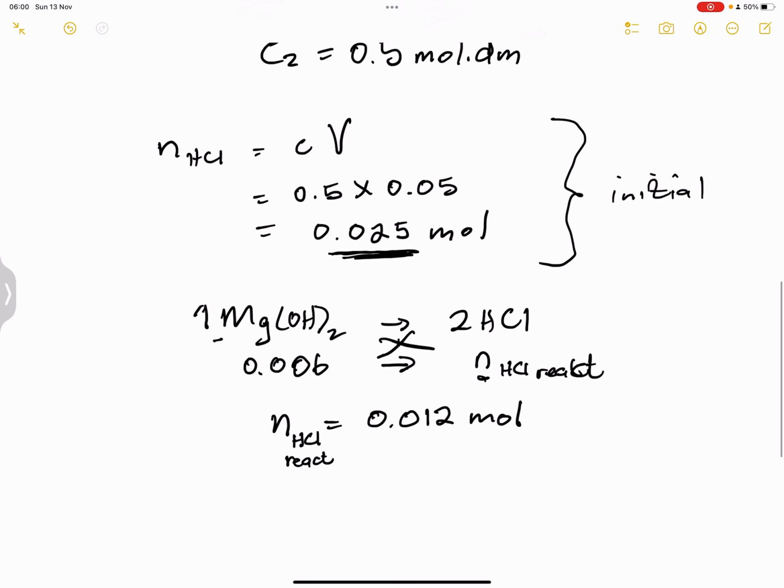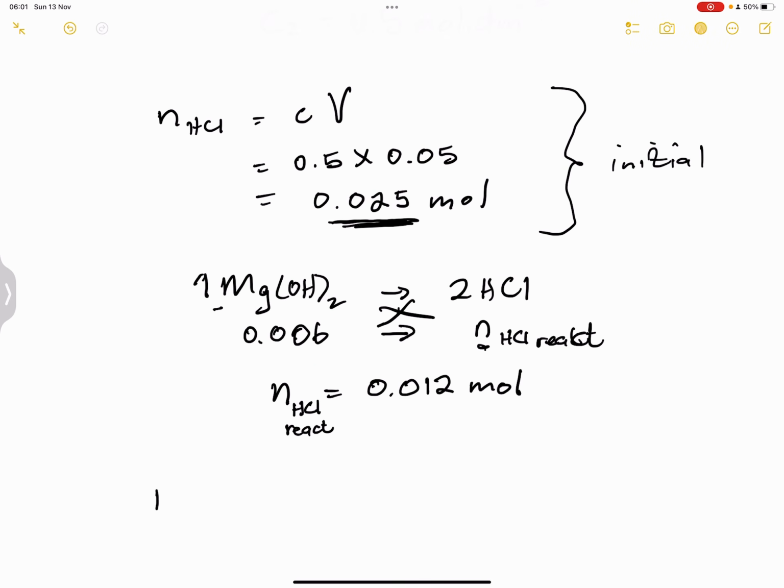So how many would be in excess then? The number of moles that would be in excess in this case of hydrochloric acid would be the initial minus the number of moles that react.